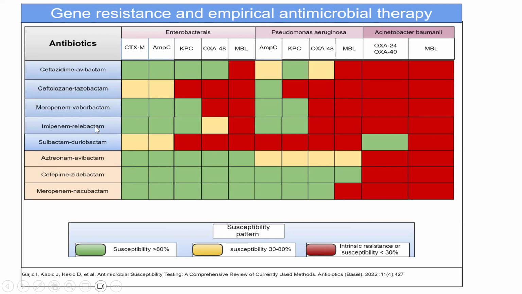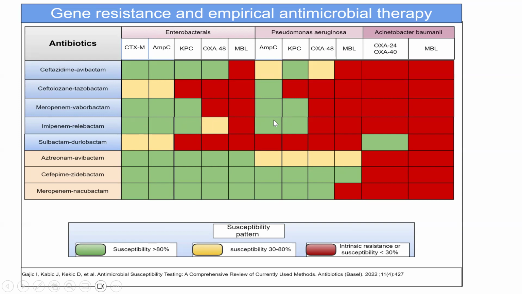Meropenem-vaborbactam and imipenem-relebactam both cover enterobacterales that secrete cephalosporinases like CTX-M and AmpC, or that secrete KPC, but have no effect against metallo-beta-lactamases or OXA-48.